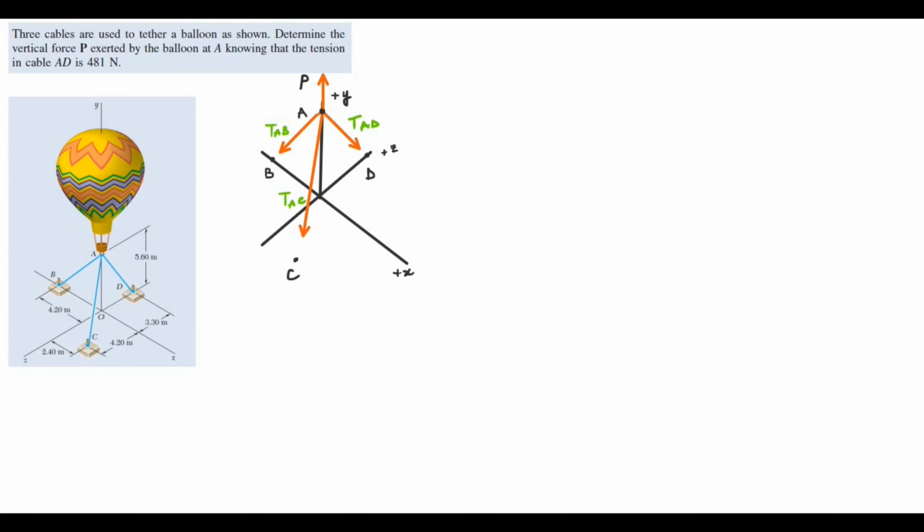So I set up the tensions for the 3 cables, as well as a vertical P force going upwards.